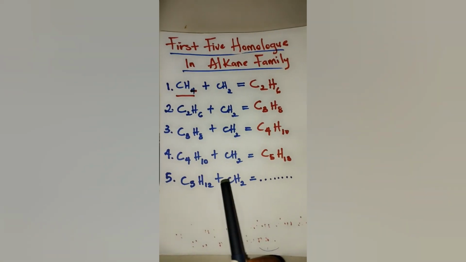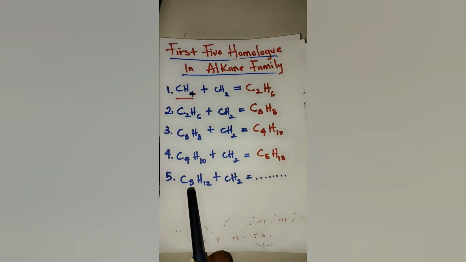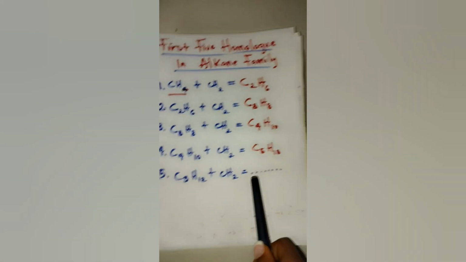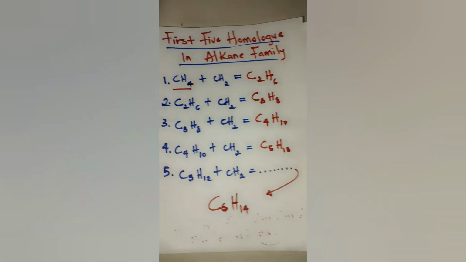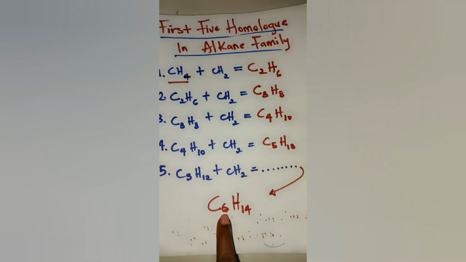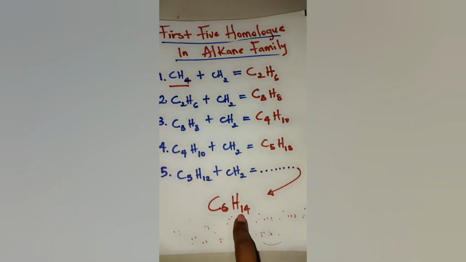So tell me, when you add CH2 to pentane, what do you have? Okay, so the next would be hexane, which is C6H14.